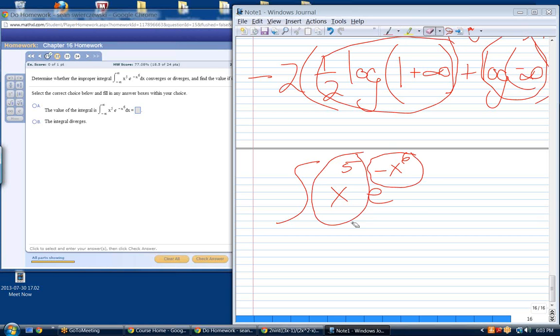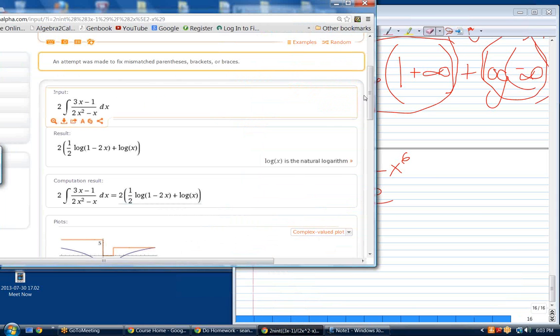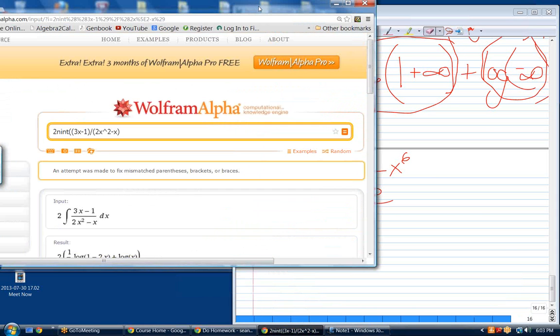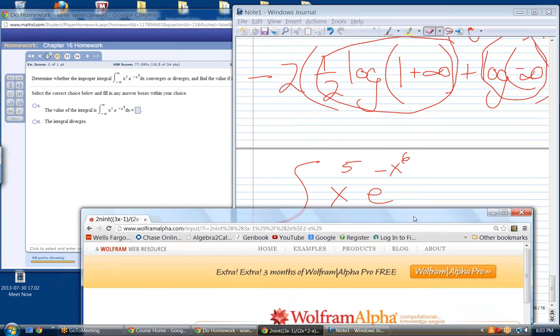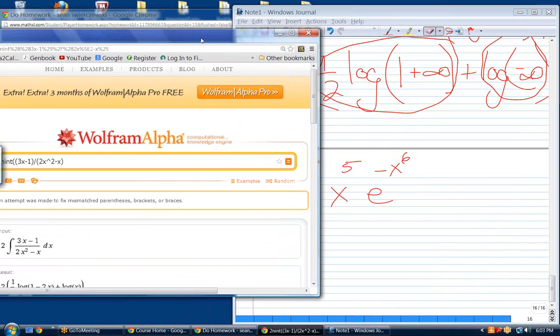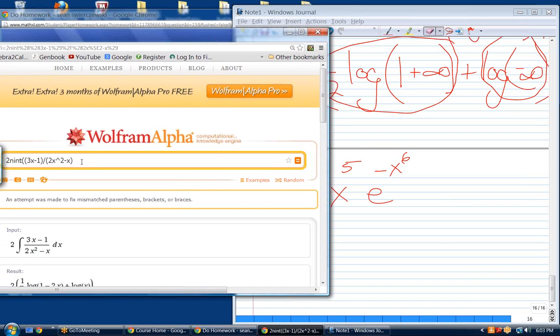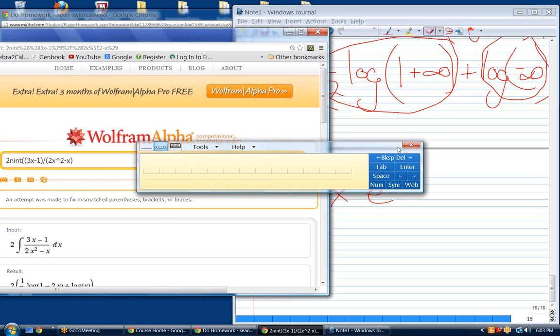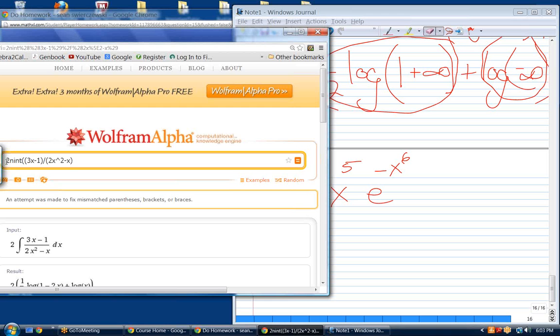So I can do this by substitution. Let's do it the easy way. Oh my God. Load up my computer.